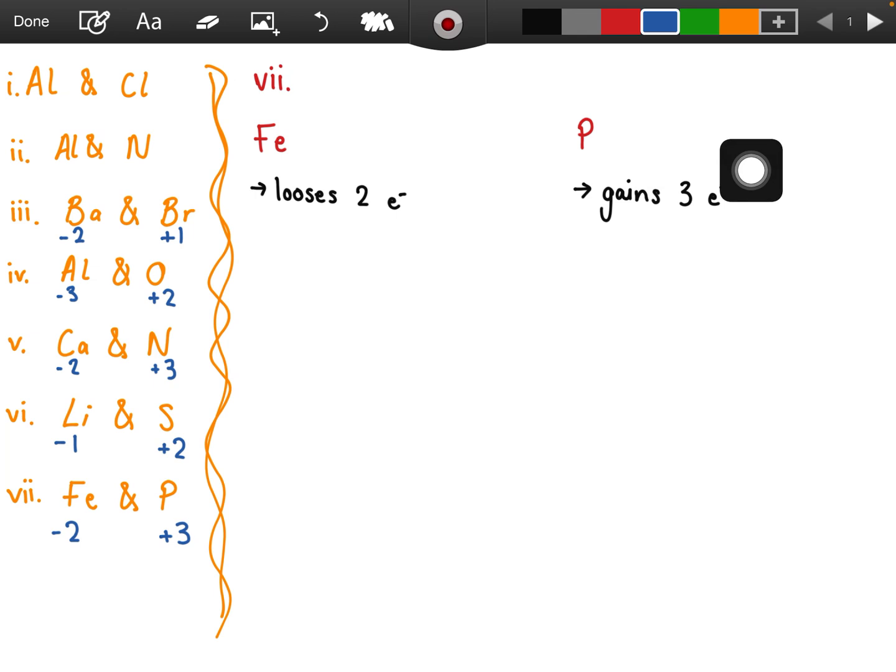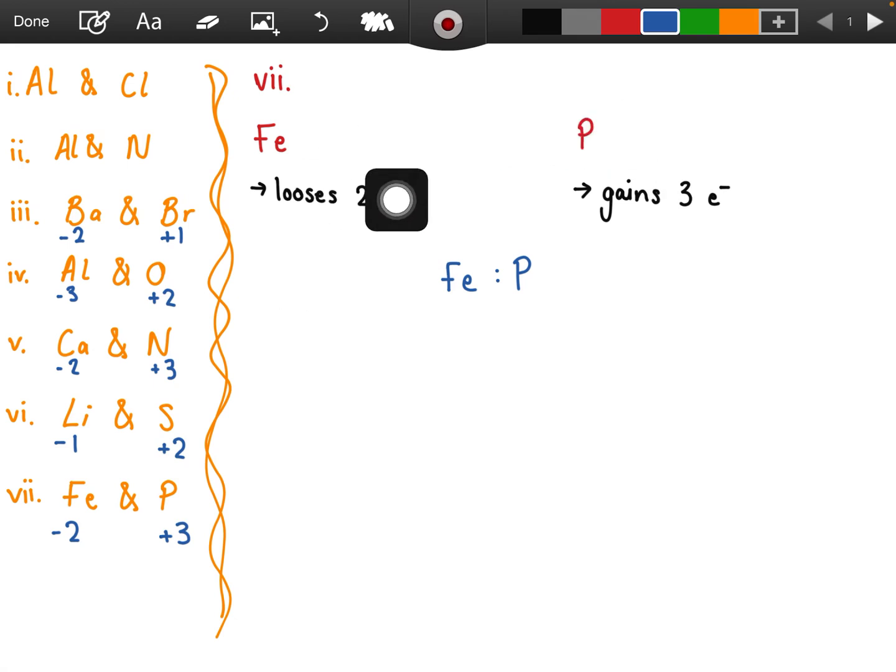So how are these ones going to match up? This is kind of a difficult one. We can go through this as a process of elimination and just try a few things out. If we had 2 irons, that means they would want to lose 4 electrons. Could it work if they want to lose 4 electrons and phosphorus only wants to gain 3?